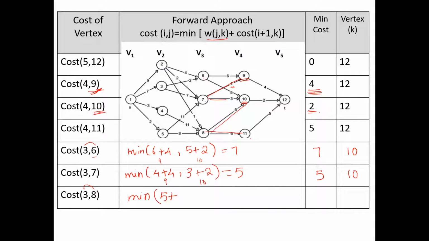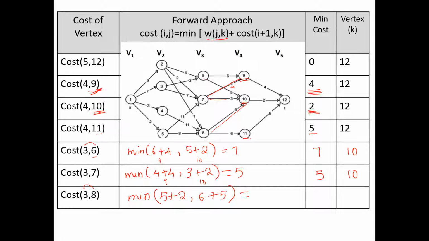We have already calculated vertex 10 is 2. Now what is the cost of this edge from 8 to 11? The edge we have is 6 plus what is the cost of the vertex 11? Vertex 11 in the table we have calculated as 5. 5 plus 2 is 7 and 6 plus 5 is 11.